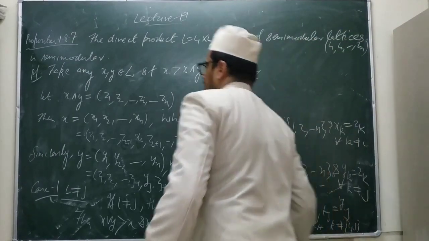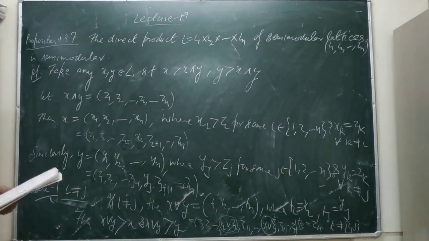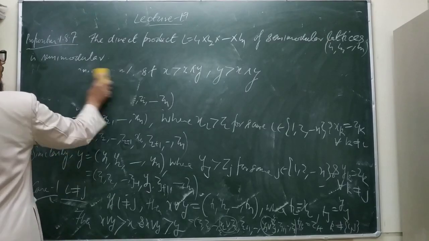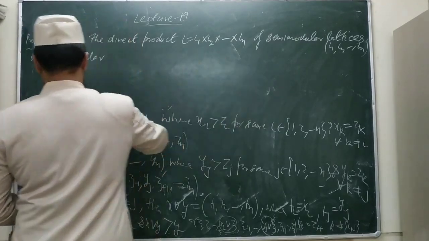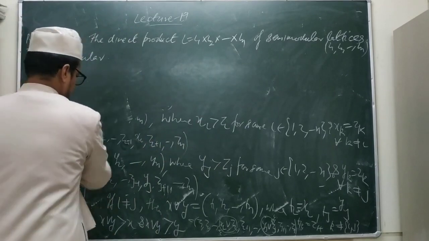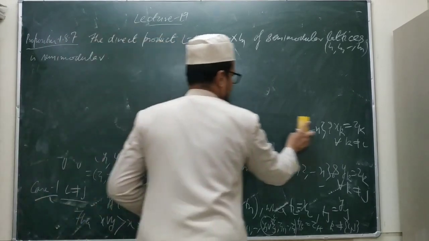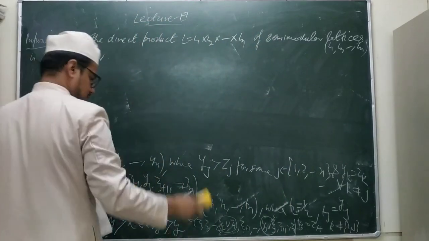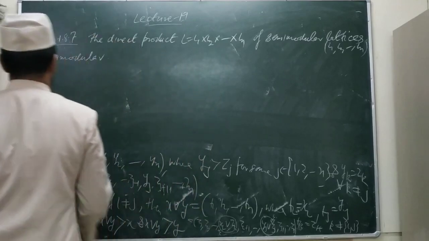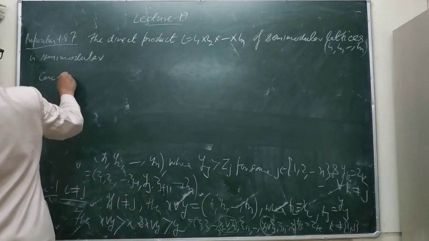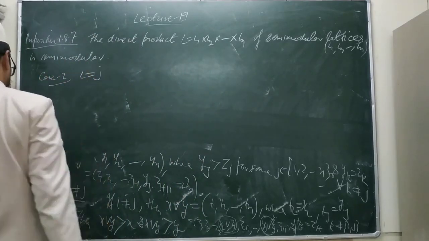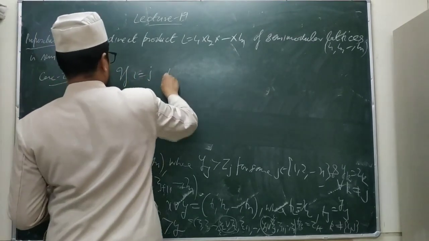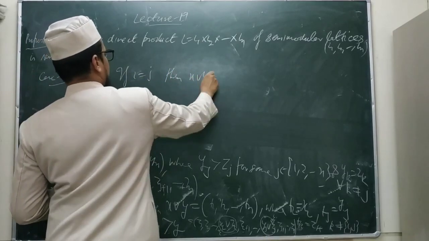In the next case, if you see, case 2, when i is equal to j. If i is equal to j, then you see what x join y is.